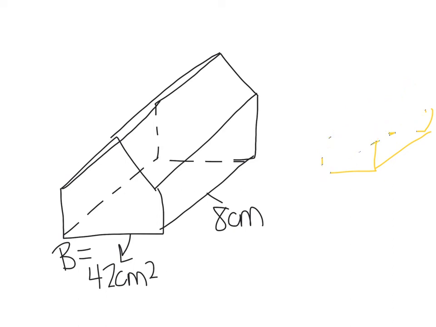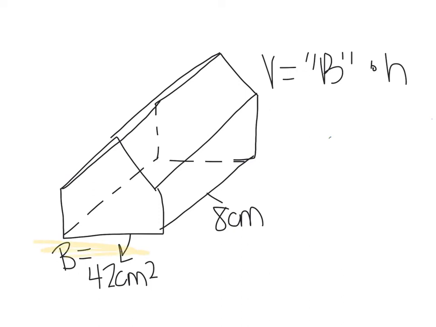Okay, when you have these problems, because you will have a couple on your homework tonight, I want to make sure you understand that. So remember, it's volume equals big B, so the area of the base, times the height. These are the best problems ever because it gives you B. Tells you what the base is, what the area of the base is.